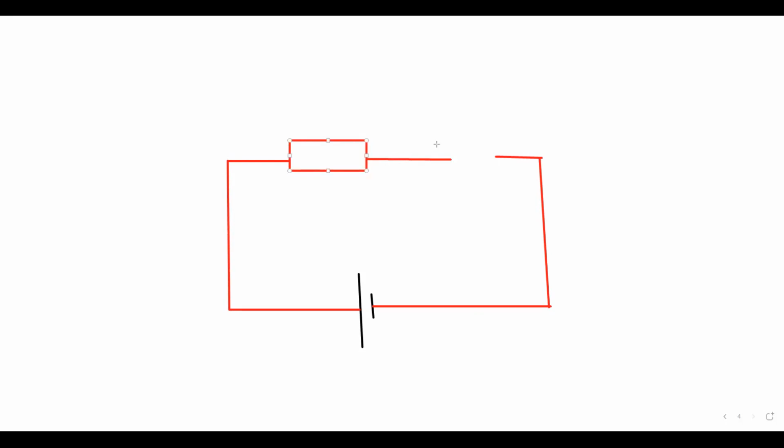It can be any component. Here in this example we have resistors. Two resistors are there, named for example R1 and R2, and the battery is labeled 10V.